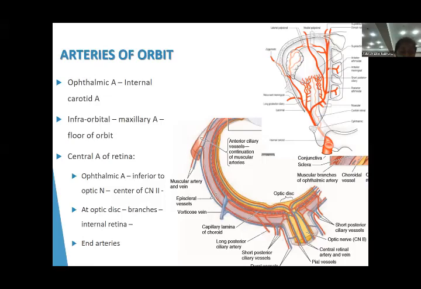And then don't forget, सबसे important, the most important blood vessel, the most important artery is the central artery of the retina. Okay. Central artery of the retina arises from the ophthalmic. Okay.